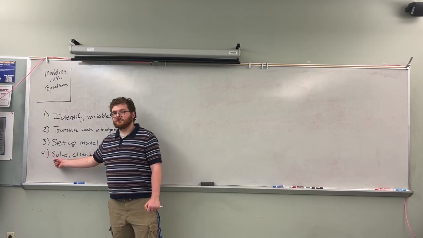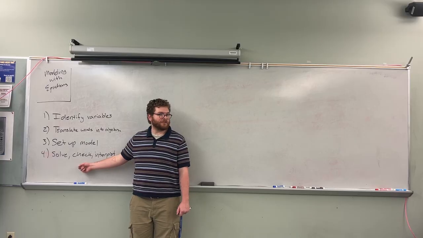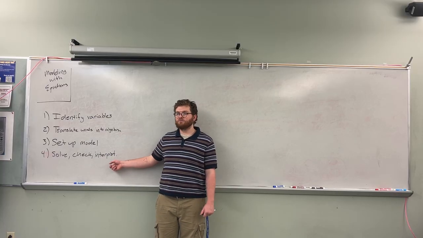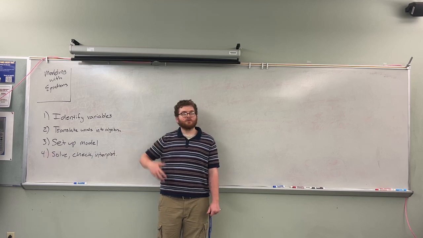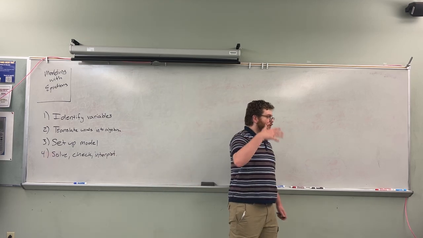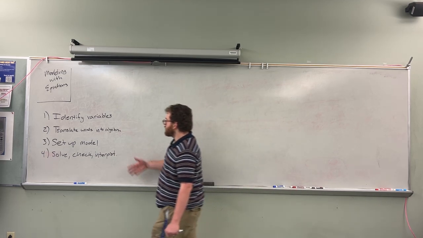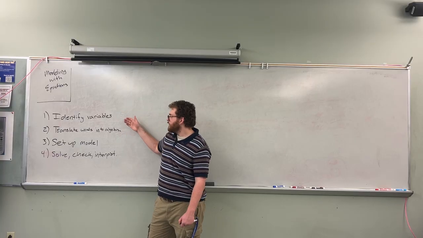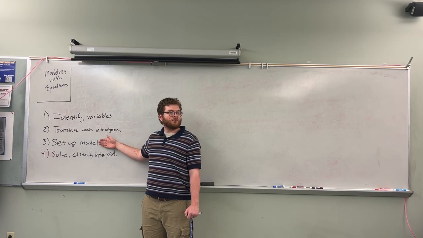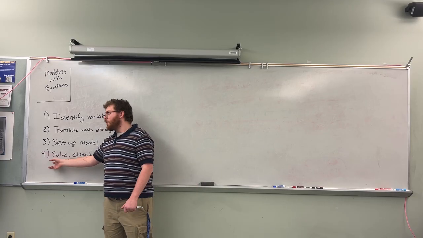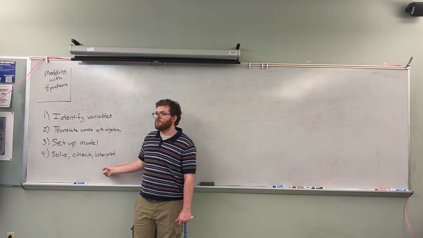It gives you your answer, it validates your answer, and it gives reasoning as to what your answer actually is. So when we do these problems, we identify our variables, translate our word problem into algebra, set up the model, solve the model, check our answer, and interpret the result.